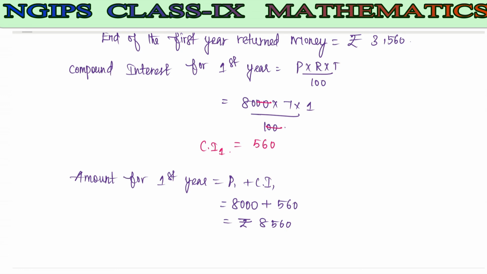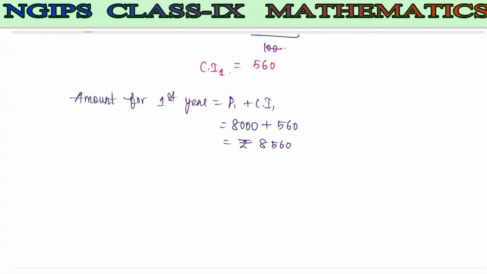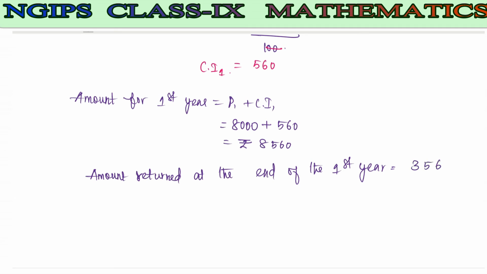Now here we need to calculate the amount left at the end of the first year. Here amount returned at the end of the first year is equal to, he has written the amount, it is 3,560 rupees.